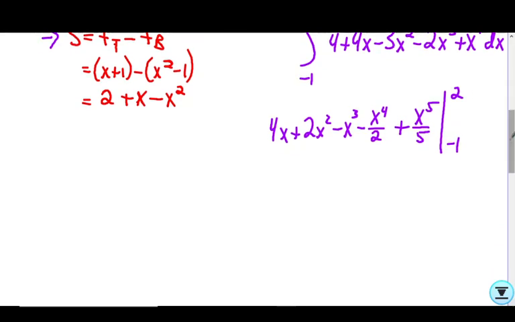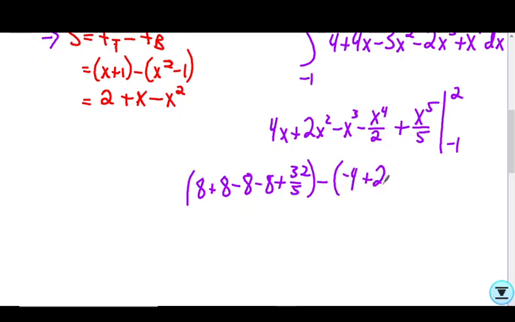When we plug in our 2, we get 8 plus 8 minus 8 minus 8 plus 32 over 5, minus the value at -1: -4 plus 2 plus 1 minus 1/2 minus 1/5. Sorry, this is fifth, 1/5.